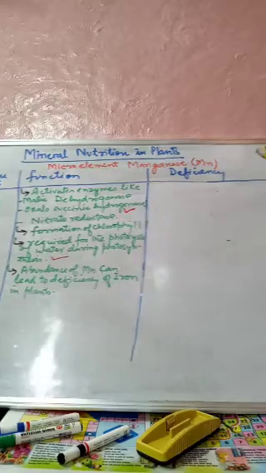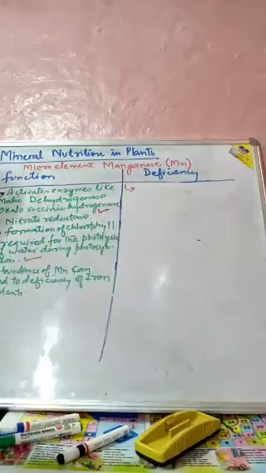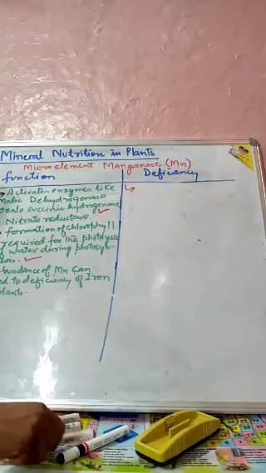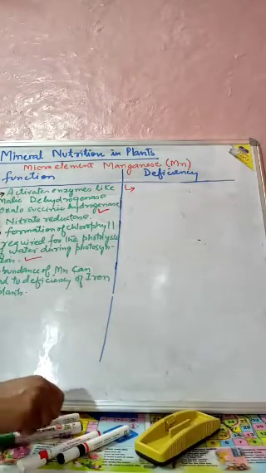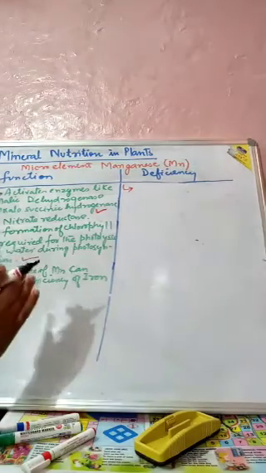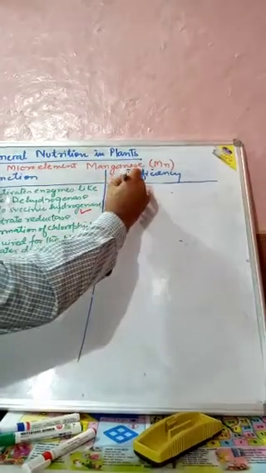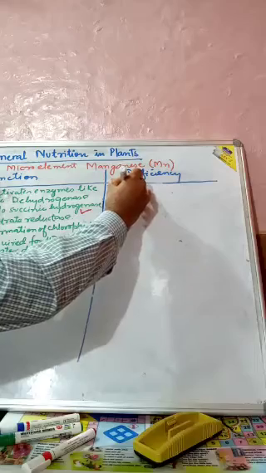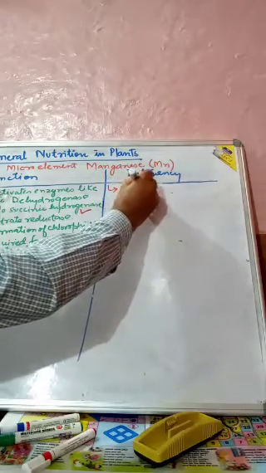Now, what are the various deficiencies when the deficiency of manganese takes place in the plant? The first deficiency is very important. You are well aware about oats, of the family Gramineae. In oats, a disease occurs that is called gray spot.